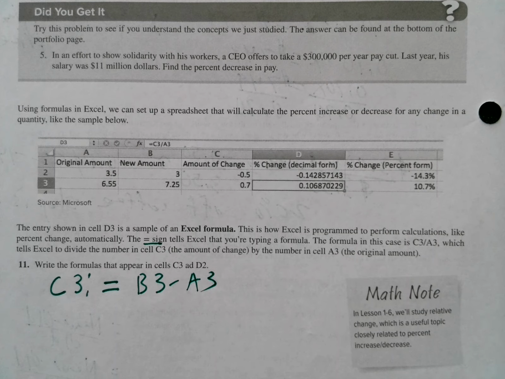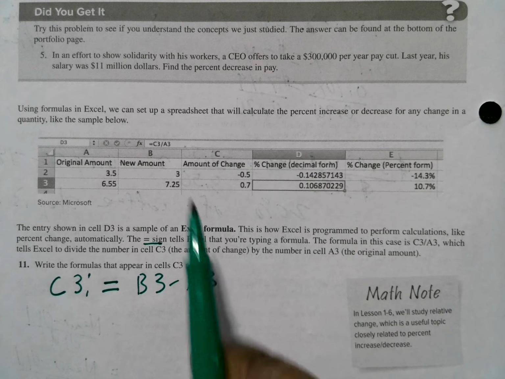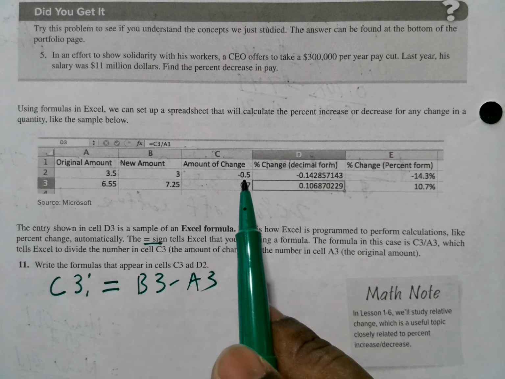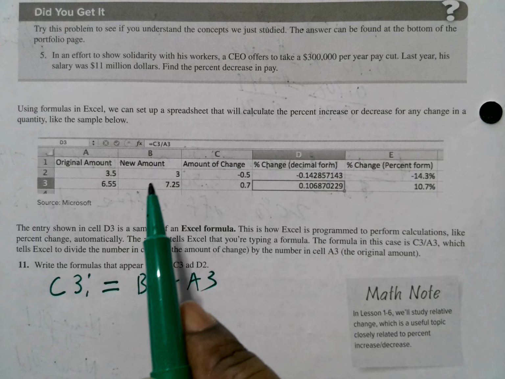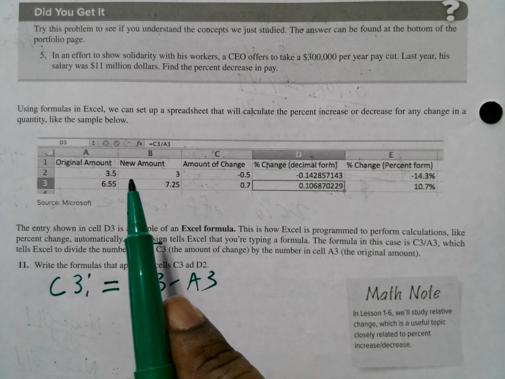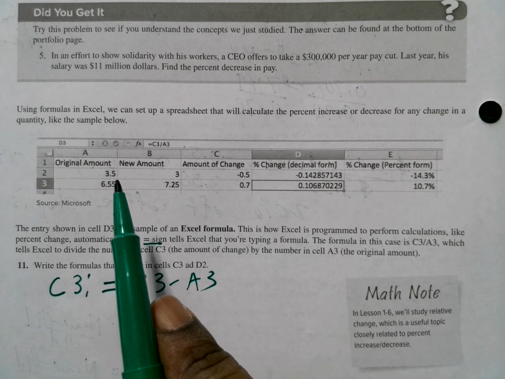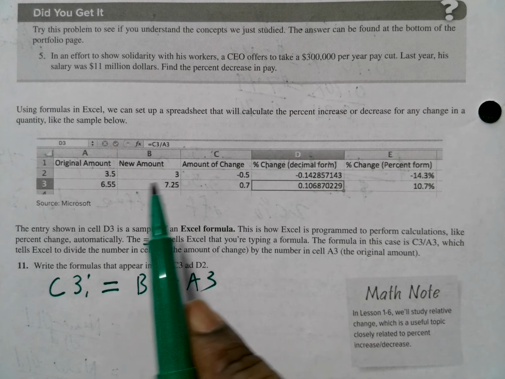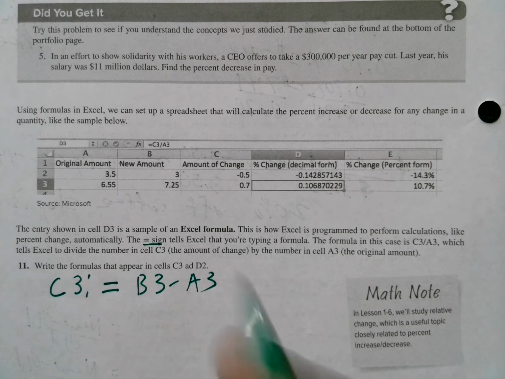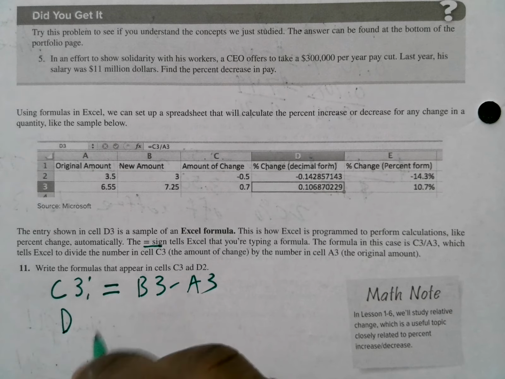So we would get C3. Because if you look here, 3.5 minus 3 gave us a negative 0.5. So we took B3 minus A3 for the C3.